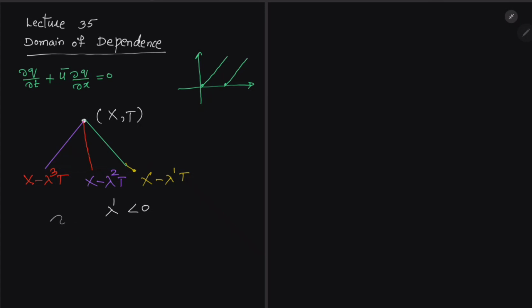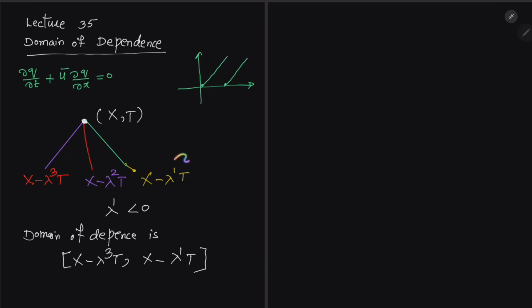So in this case, the domain of dependence is the interval from x minus lambda 3 t to x minus lambda 1 t. That will be the interval where we have dependency of this point on this interval.